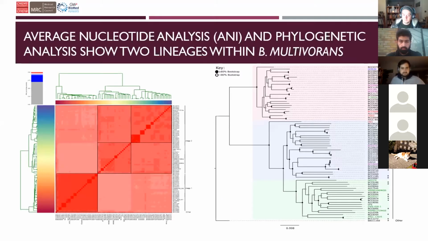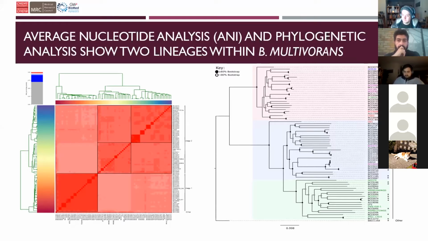I know this looks a little scary, but basically this is the major part of my research at the moment. What I originally did, and I'm not going to bore you with loads of different trees because there are so many, was take a panel of 49 Burkholderia multivorans from the collection at Cardiff University and put these through whole genome sequencing.